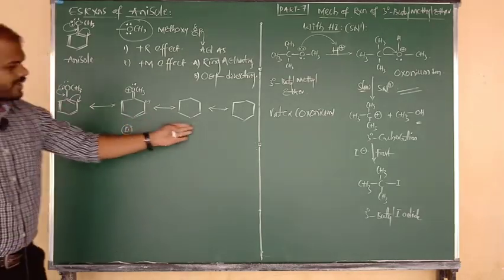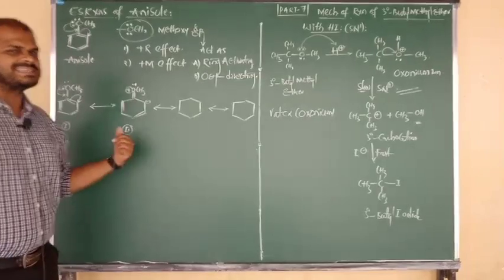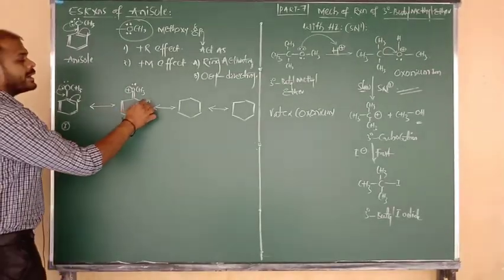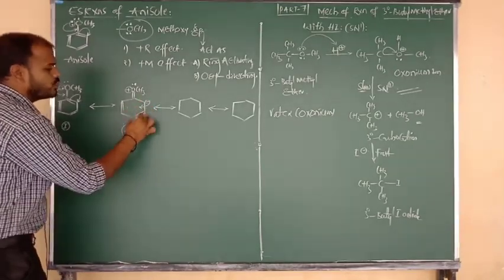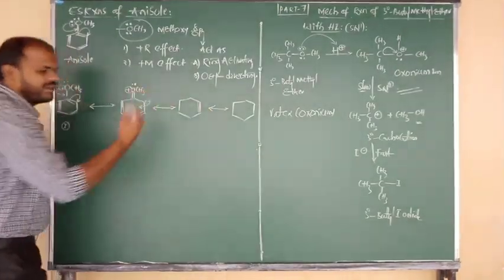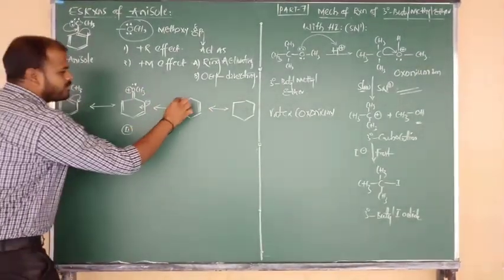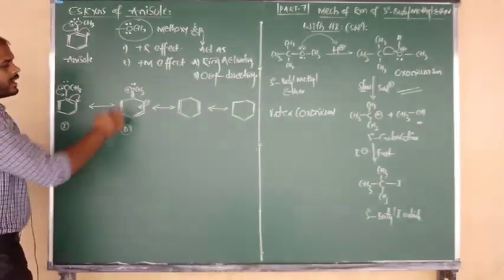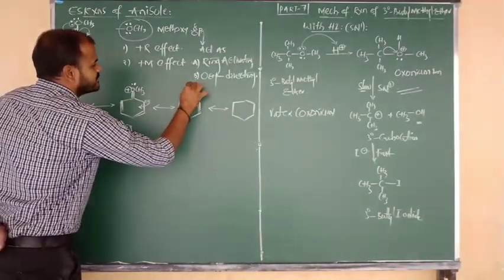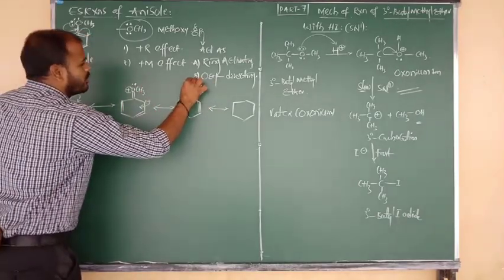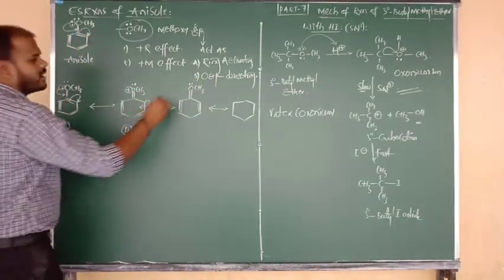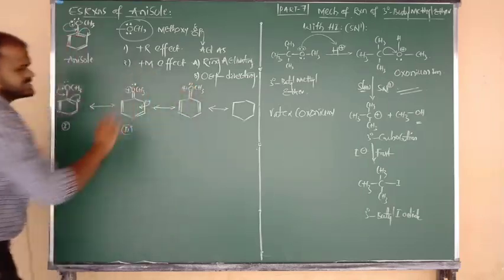Now I am going to draw resonance 3 by making changes in the second one. The negative charge on the second carbon undergoes delocalization between 2 and 3. Very good. The left pi bond I am going to write as it is. The group above I am going to write as it is. Oxygen contains, as I told you, a lone pair. After donation, it contains a positive charge as it is.